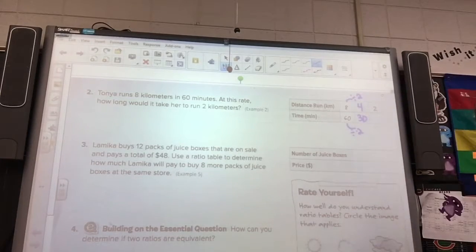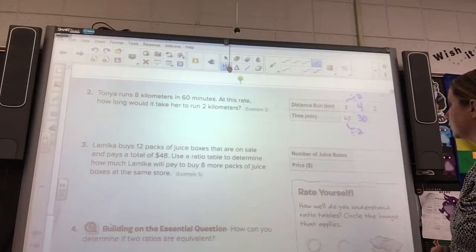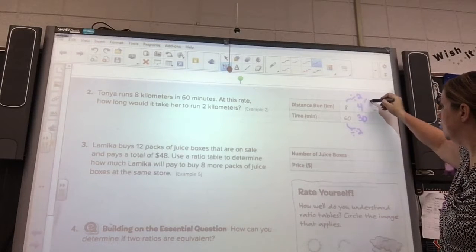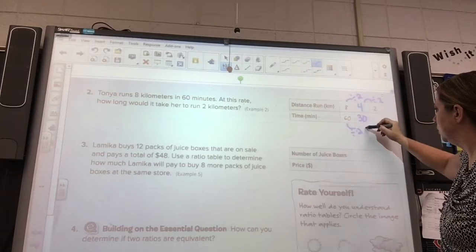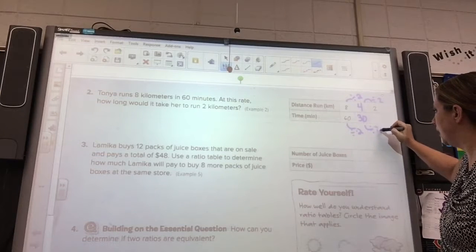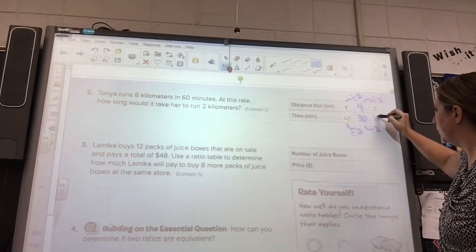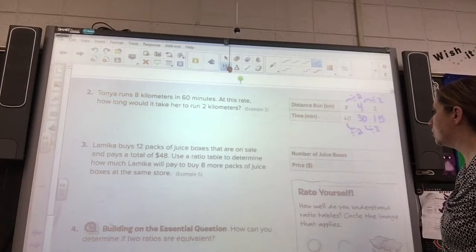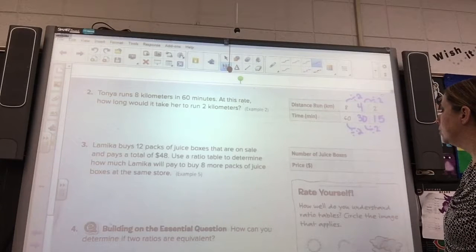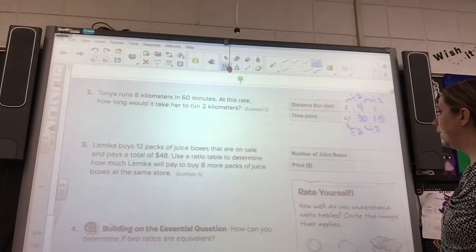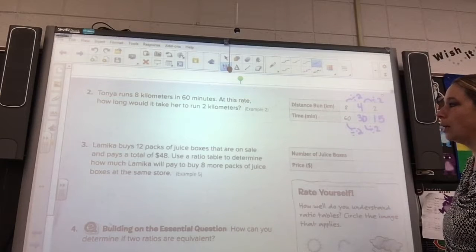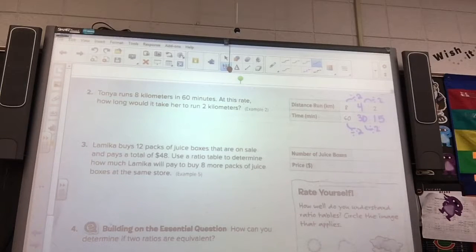So now, how are we going to get from 4 to 2? Divide by 2 again, and we get 15. Because there's 2 15s in 30, and 2 2s in 4. And so, for 2 kilometers, it would take her 15 minutes.